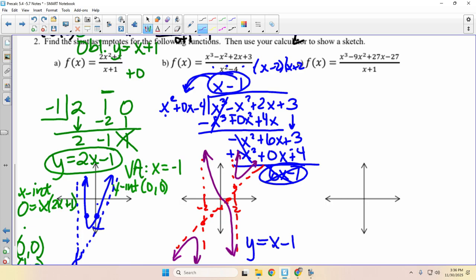Okay, back to, this will be fun. We're going to tackle some long division again. Actually, let's not do long division. Let's do synthetic division.